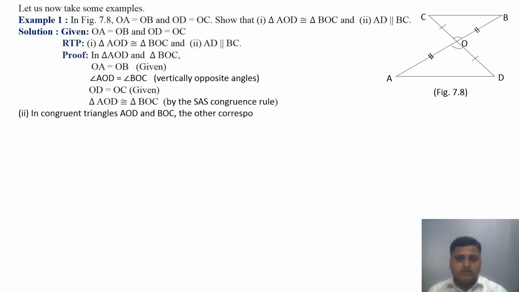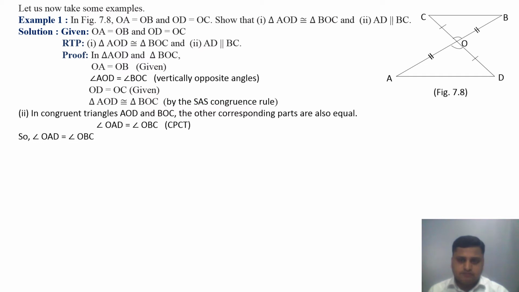Whatever is given in these two triangles, we will take. OA is equal to OB. This is given in the question. Second, angle AOD is equal to angle BOC. We can write it is a vertically opposite angle. Third, OD is equal to OC. This is also given.